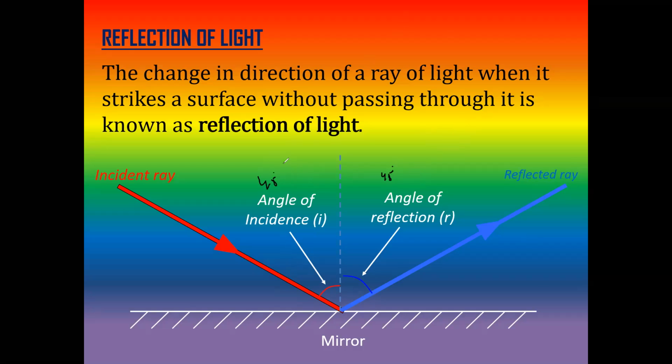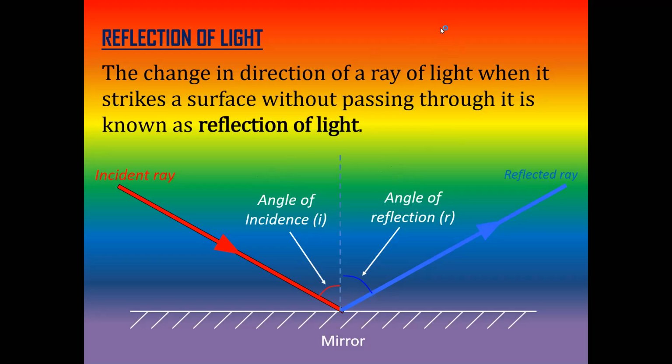So according to the law of reflection, the angle of incidence must equal the angle of reflection. And the property of light to change direction when it strikes a surface, we call reflection. Is it clear? The reflection of light?